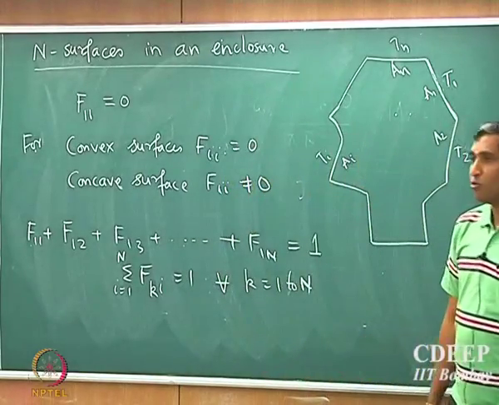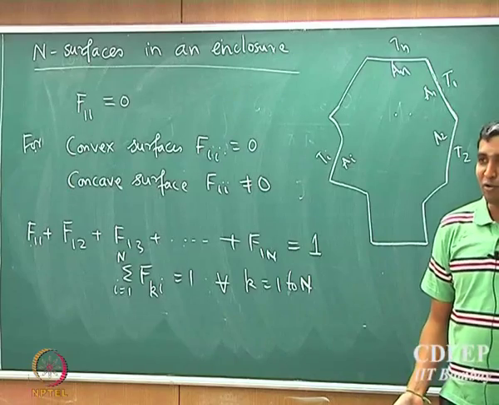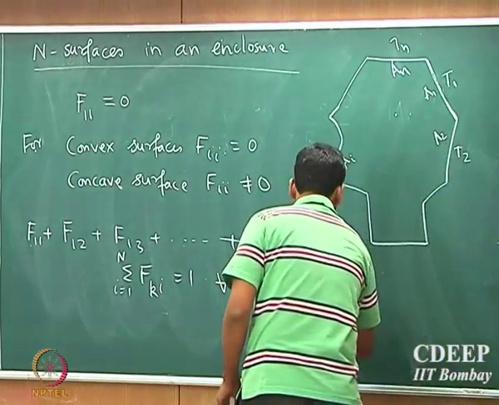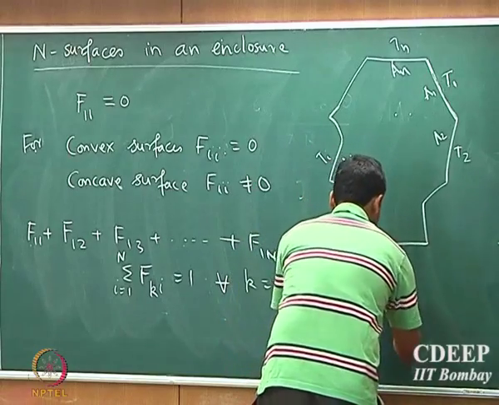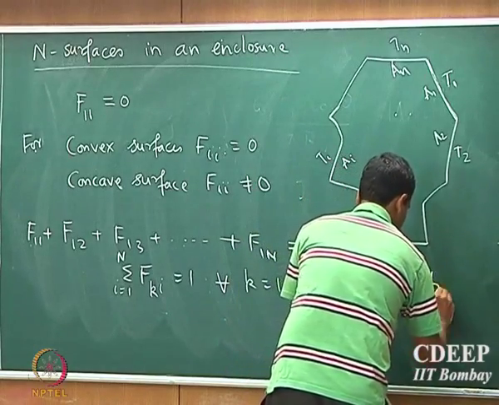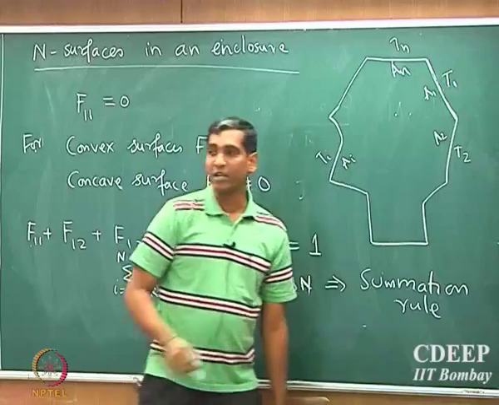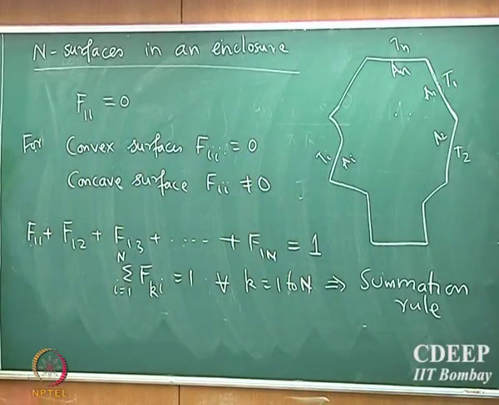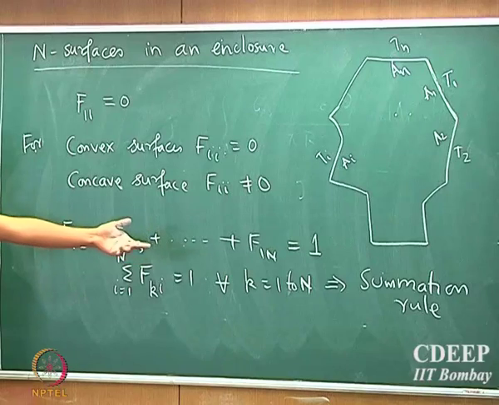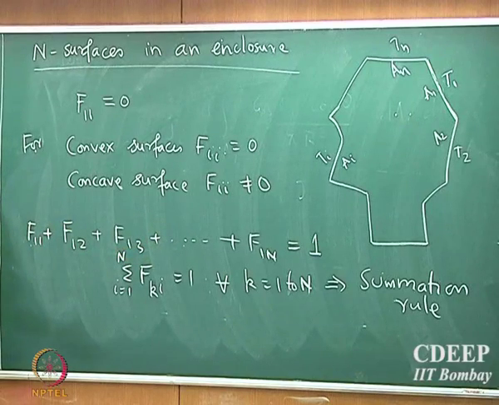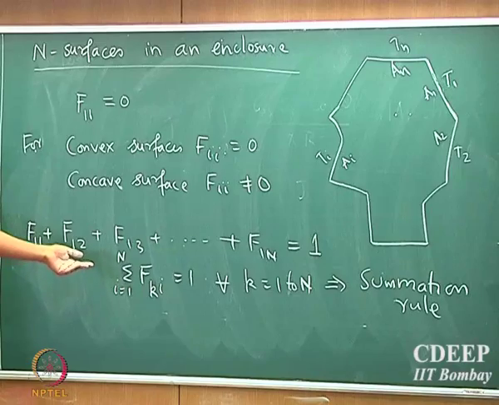Okay. So this rule is called the summation rule. So if you know n minus 1 view factors, the nth one comes for free, simply by using this summation rule.